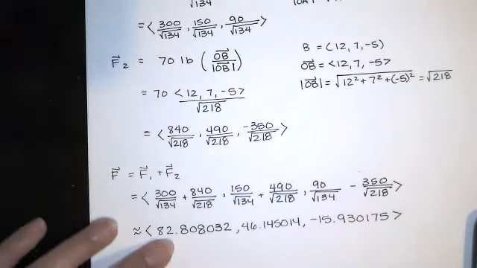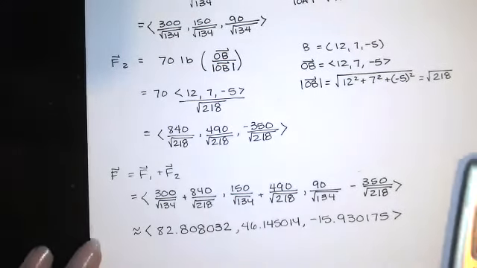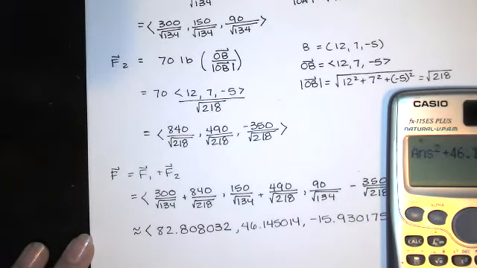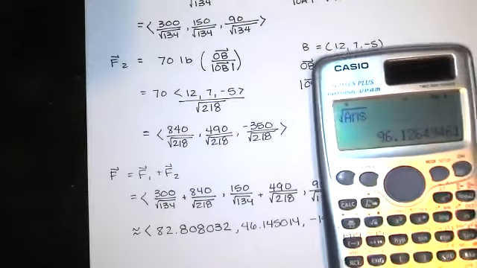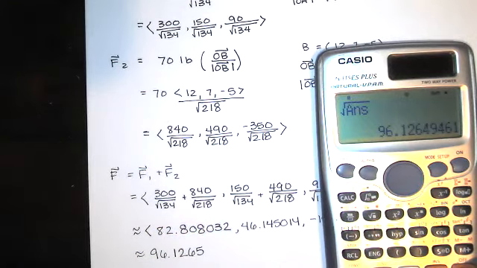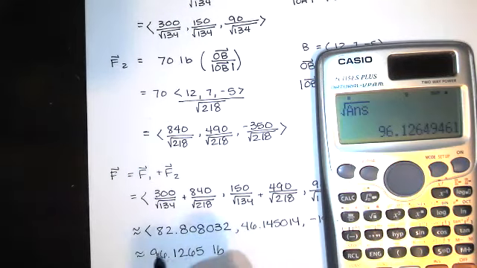All right, so those are our components. We should take those, square them and add them and take the square root. And I get approximately 96.1265 when I round to 4 decimal places, which is what I was asked for, pounds.